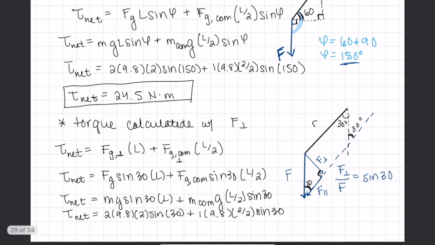And plug that into my calculator, and I get 24.5 newtons times meters.